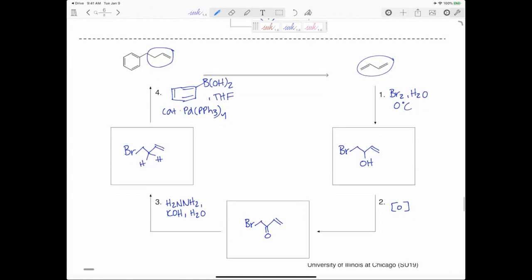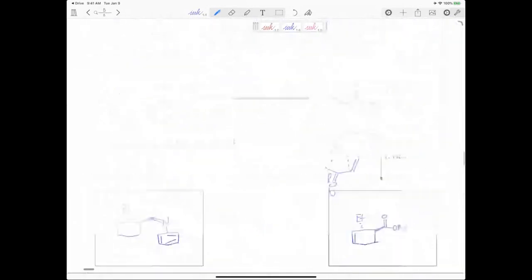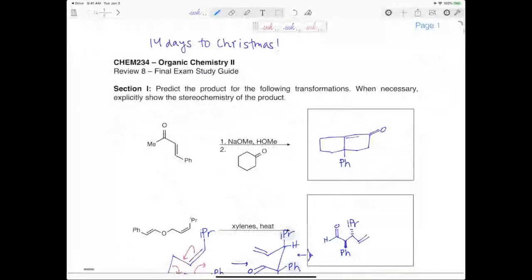That's pretty much the answer. You could also use this as well. That's fine. That would be the Kumada one. Okay, so there you have it. That's pretty much the entire solutions to this worksheet.